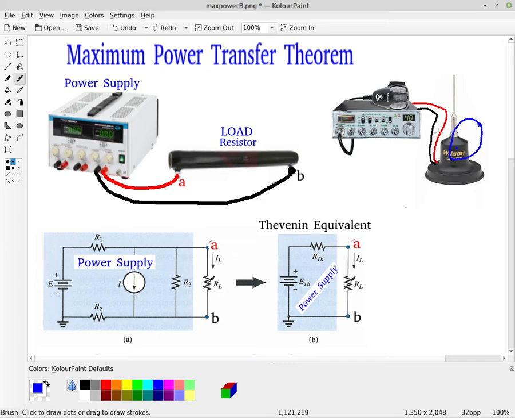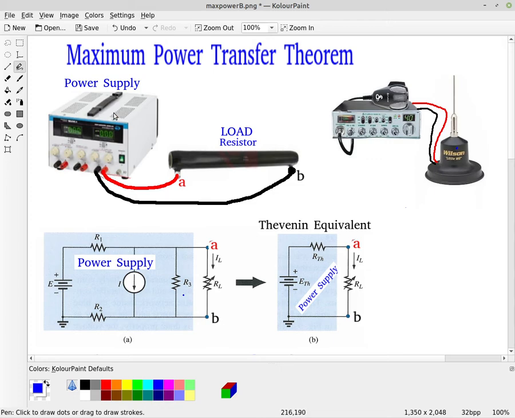The antenna acts essentially like any resistor would, but it's actually going to be outputting radio waves, and we want as much power as possible to get to the antenna so that we can transmit that signal as clearly and as far as possible. So that's the idea of maximum power transfer.